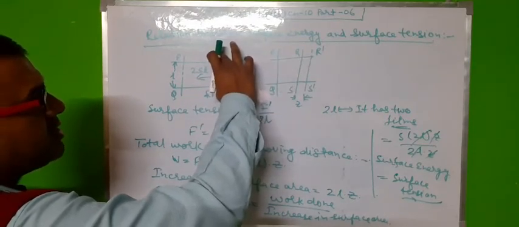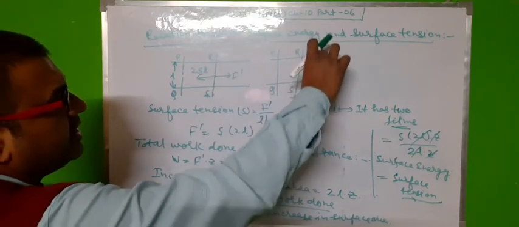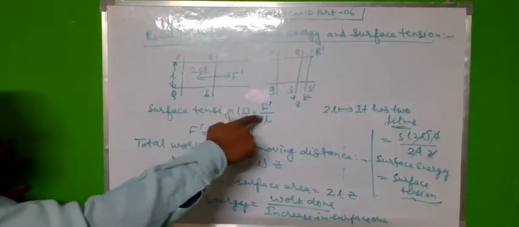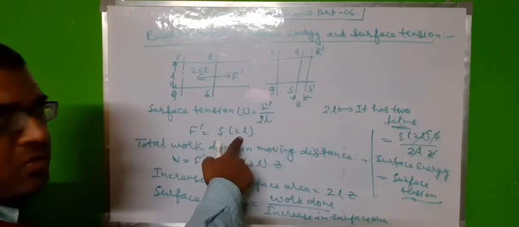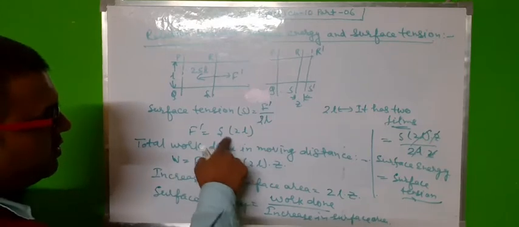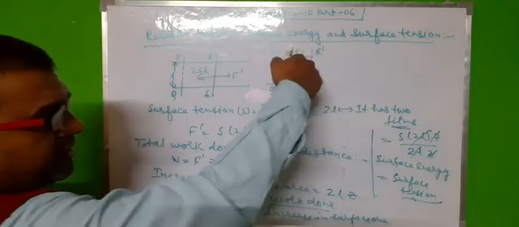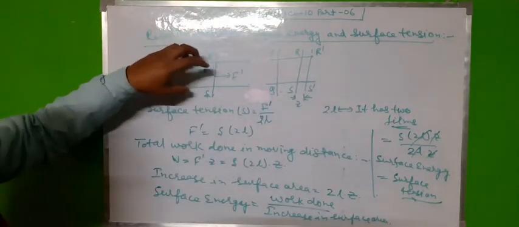Due to the application of F dash force, this part has moved a distance Z, and it is denoted by R dash S dash. So surface tension can be given as F dash upon 2L, and F dash is equal to S into 2L. Total work done is force into displacement. Force is S into 2L.